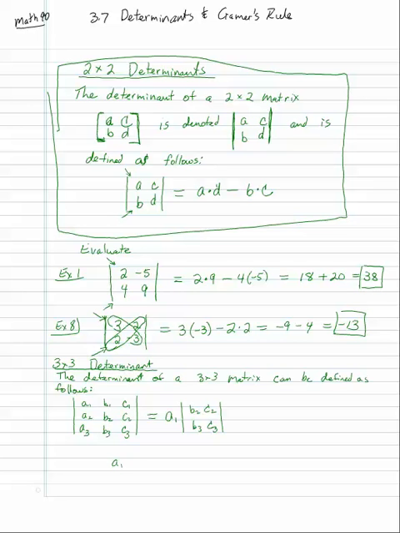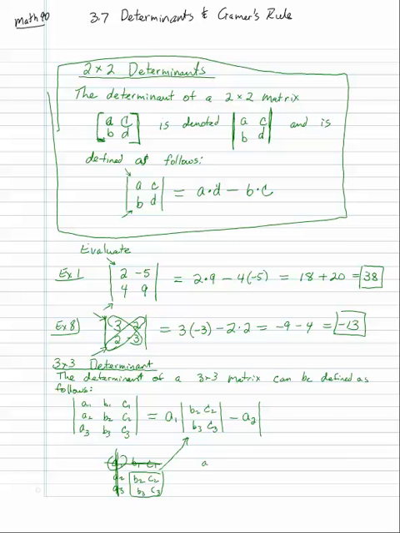So again, if you took A1, B1, C1, A2, A3, B2, C2, B3, C3, and so if I'm using A1, I'm going to cross out the row, the column, and then what's left over, that goes there. Then we're going to go minus, and we're going to go A2. We're going to cross out the row and column for A2 and write what's left over.